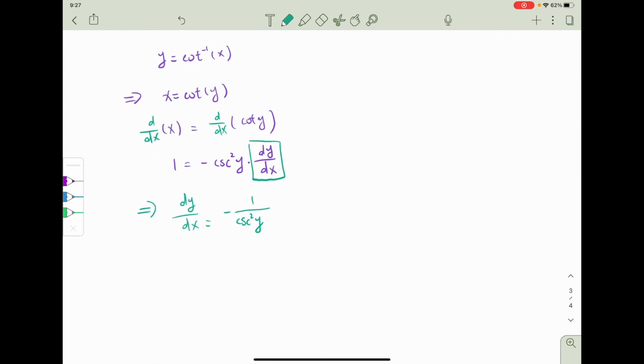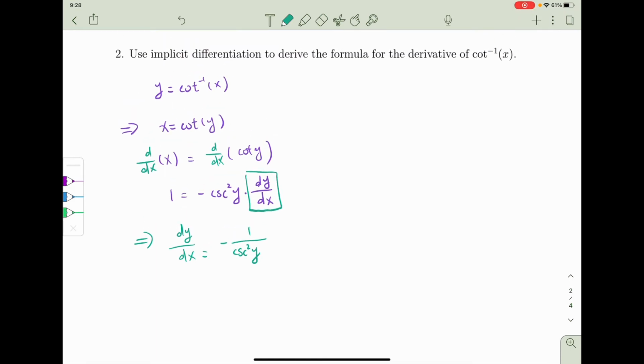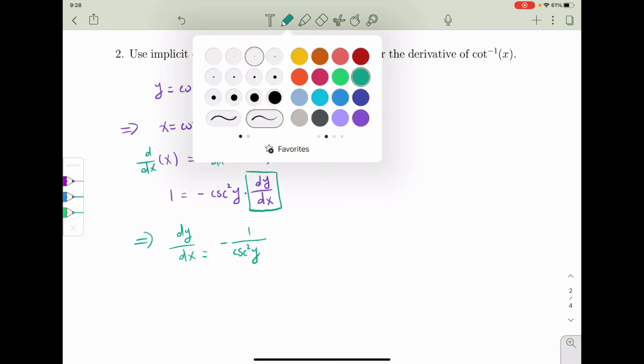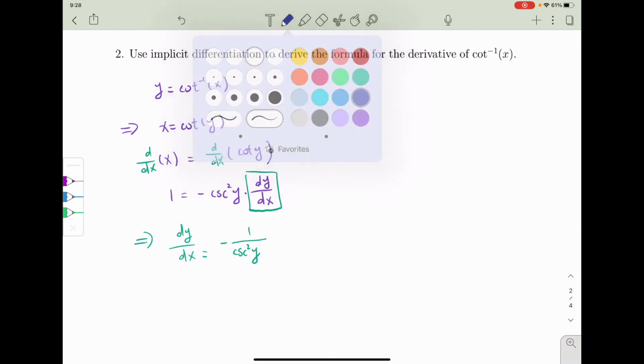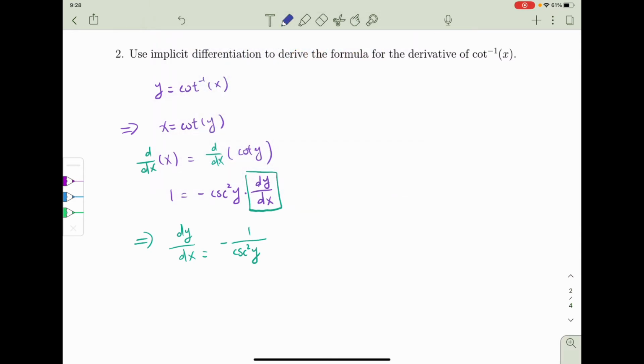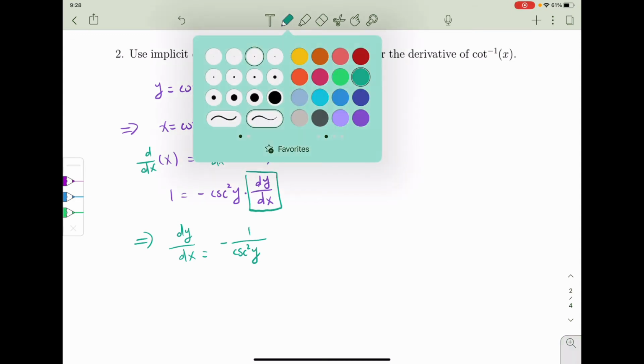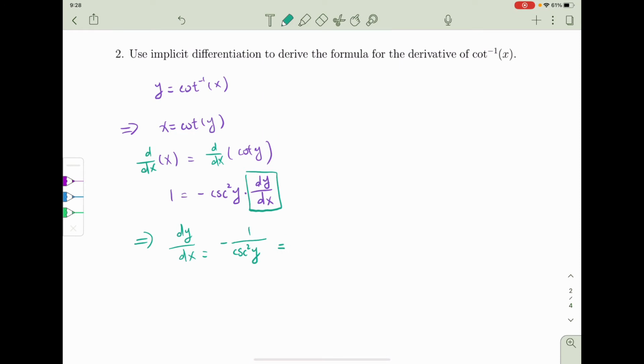But this derivative is not written in the desired form that we want, because we want it to be written in terms of x, not in terms of y. So it needs a little bit more work to rewrite this in terms of x. How do we do that? CSC is 1 over sine.